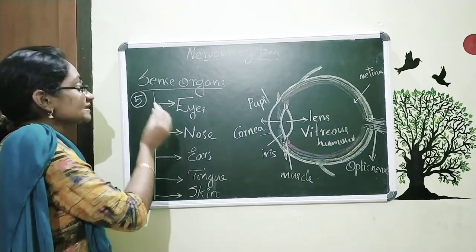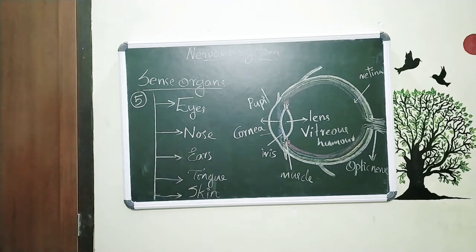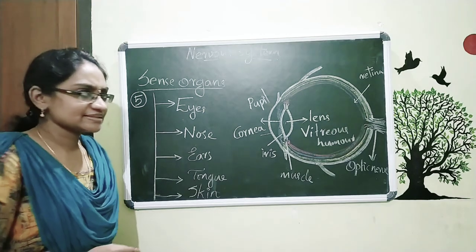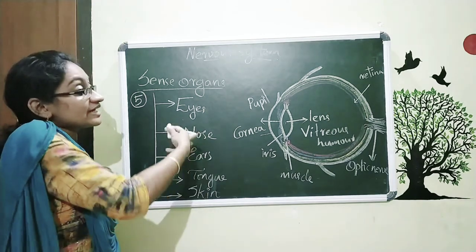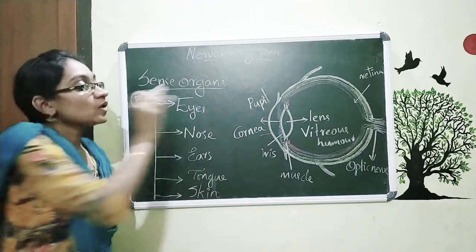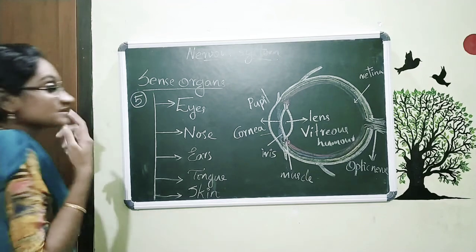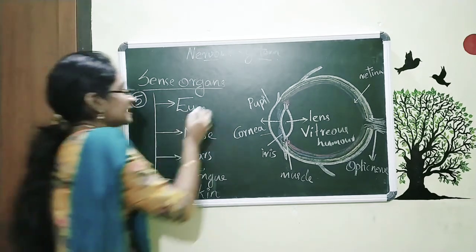Now, we want to study each one in detail. Before that, we just want to look at the sensations that these organs give. Sensation means how we are identifying, how we are interacting using these organs.